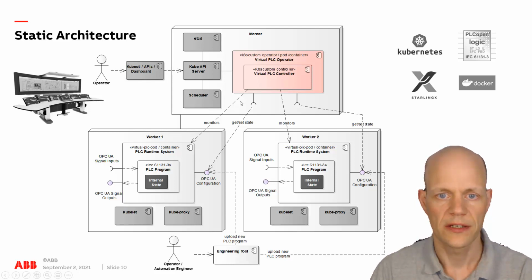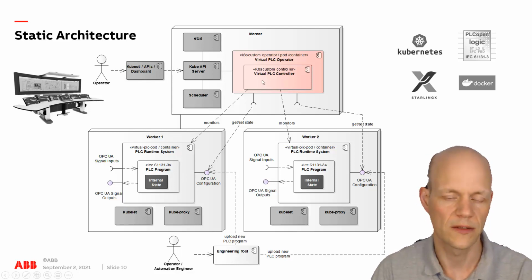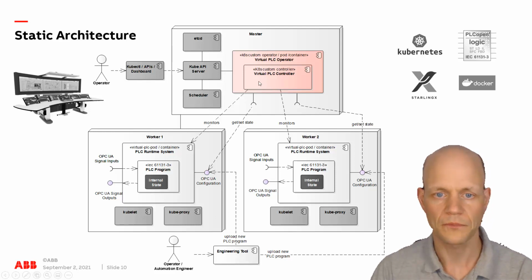And now the idea is that this special customized Kubernetes operator monitors the running PLC engine, and if a change is detected, for example, an automation engineer uploads a new PLC program into the OPC-UA address space of the runtime, then the operator gets notified and starts the update procedure that we are foreseeing.